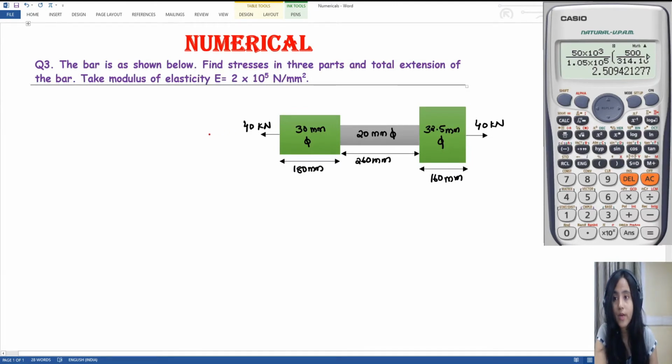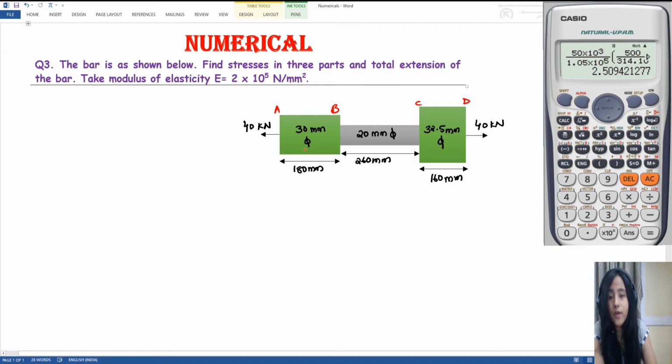Coming to the third numerical, the bar is as shown below. Find stresses in 3 parts and total extension of the bar. Take modulus of elasticity 2 into 10 raised to power 5 Newton per mm square. So now this bar is given A, B, C and D, right?